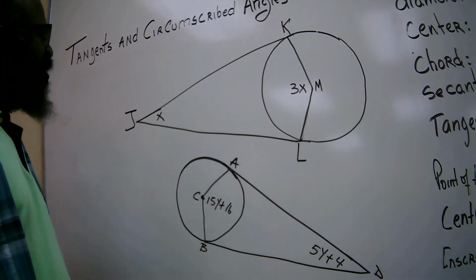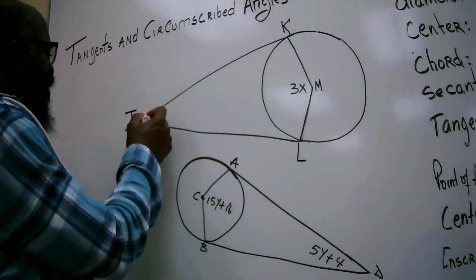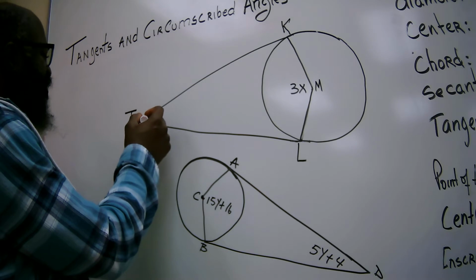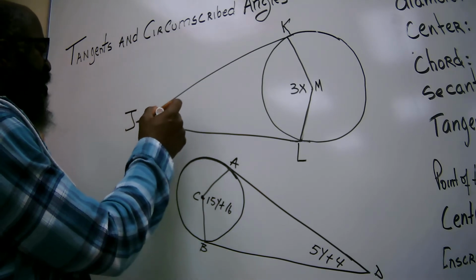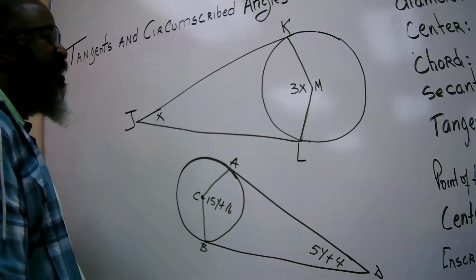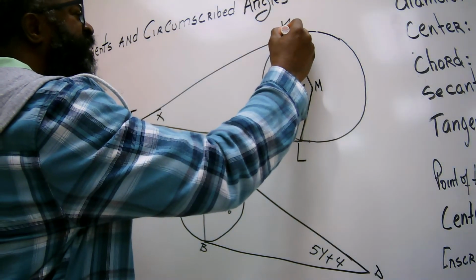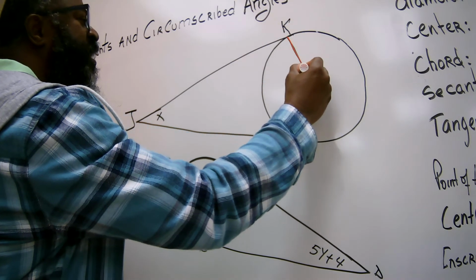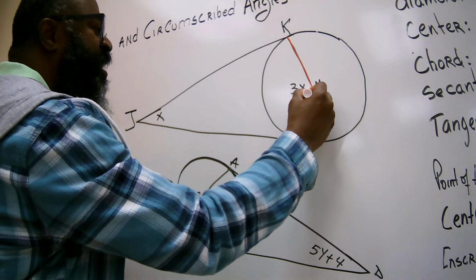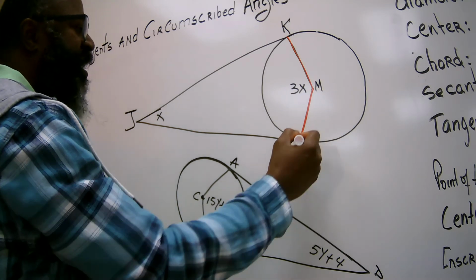As we discovered earlier, the circumscribed angle, angle J, is supplementary to its associated central angle. Its central angle in this case is KML.